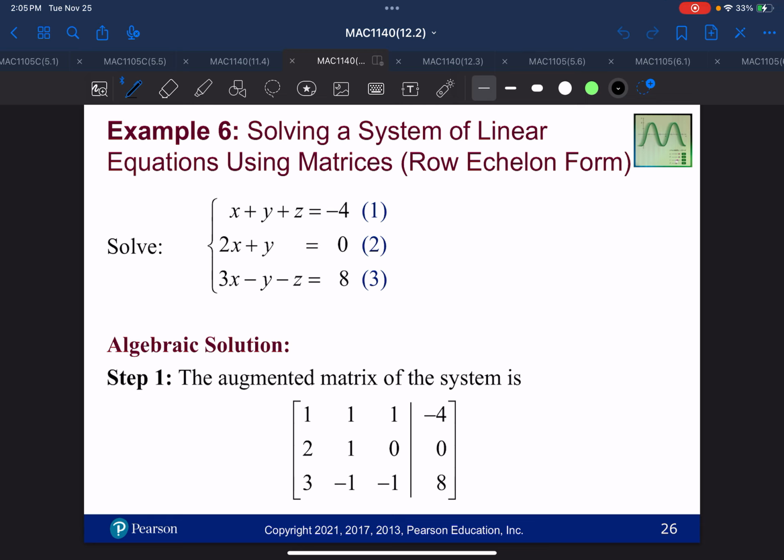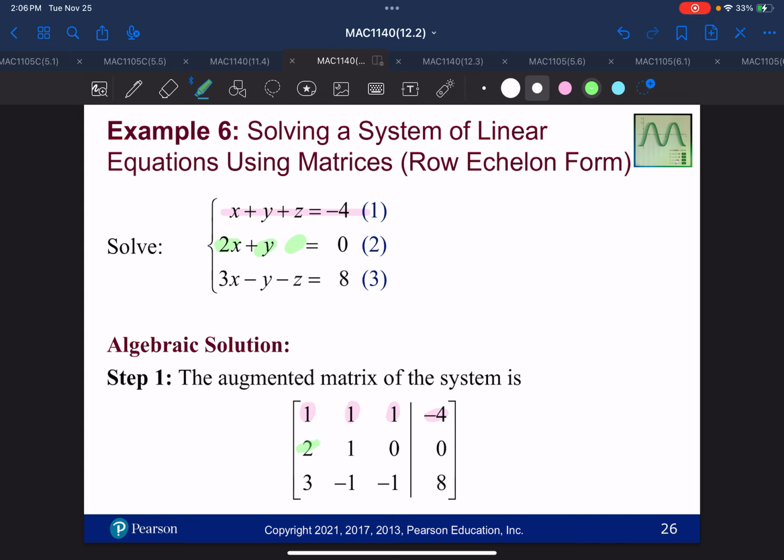So for this first example, I'm actually going to show you how to do it on a calculator. First, let's put this system of equations into the augmented matrix. The coefficients of the first equation are 1, 1, 1, and it's equal to the constant -4. For the second equation, we have 2x, 1y, and no z coefficient, so that would be 0.